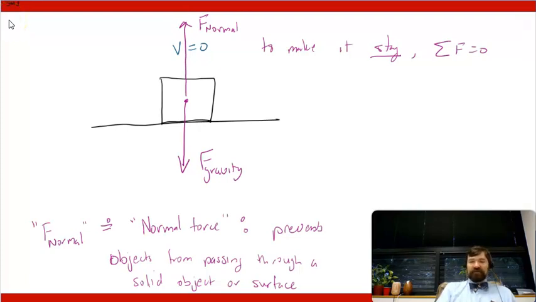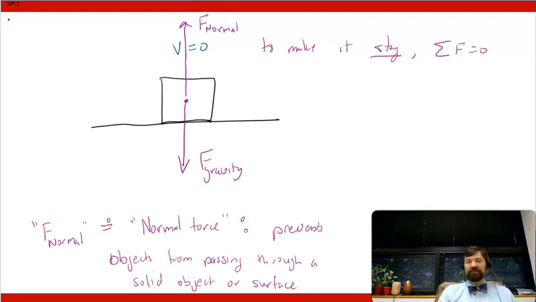Again, we'll learn more about the normal force in a different video, including why it's called the normal force. But for now, we just know that there exists a force that prevents the solid block from moving through the solid table that it's sitting on. And so that is the normal force, and in this case it balances gravity.